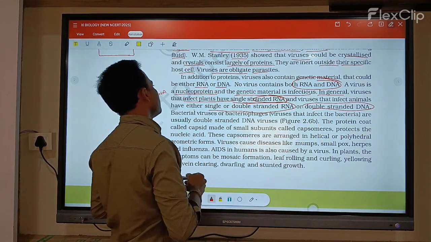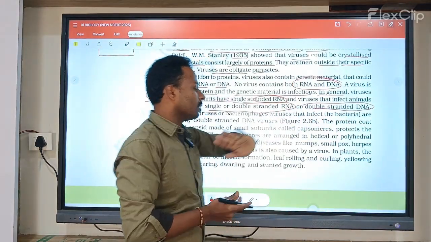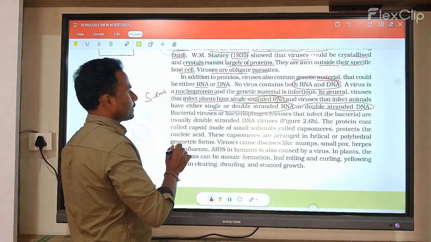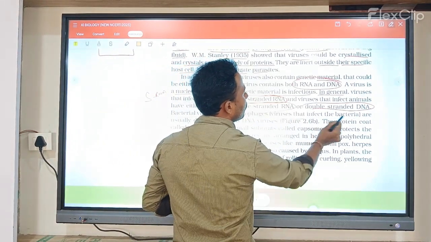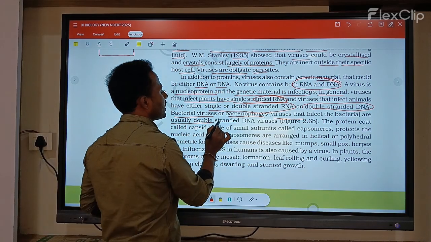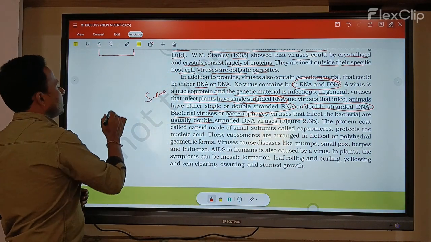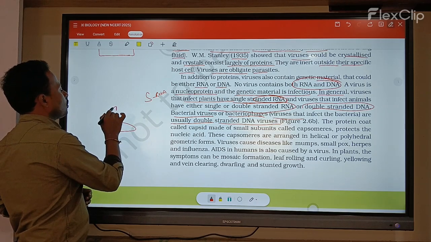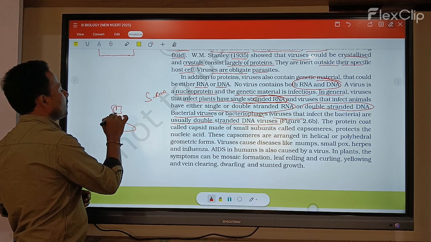Viruses that infect bacteria usually have double stranded DNA. Any virus that infects bacteria is called a bacteriophage.